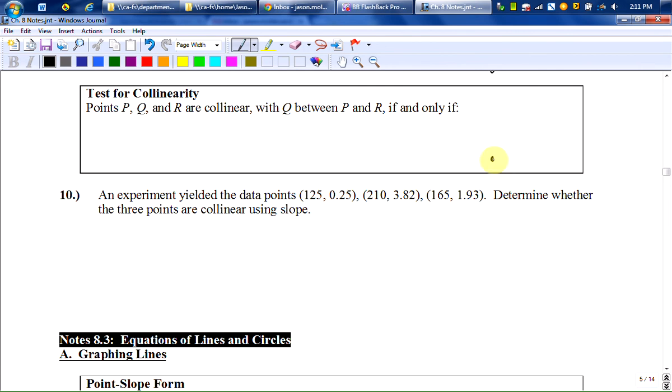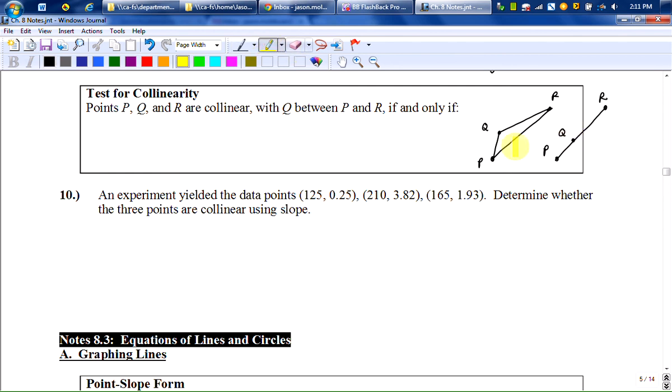We had talked about yesterday in the lesson where if we had 3 points, they could form a triangle, or the triangle could collapse, and they could be all collinear, and it would just form a line segment or a line.